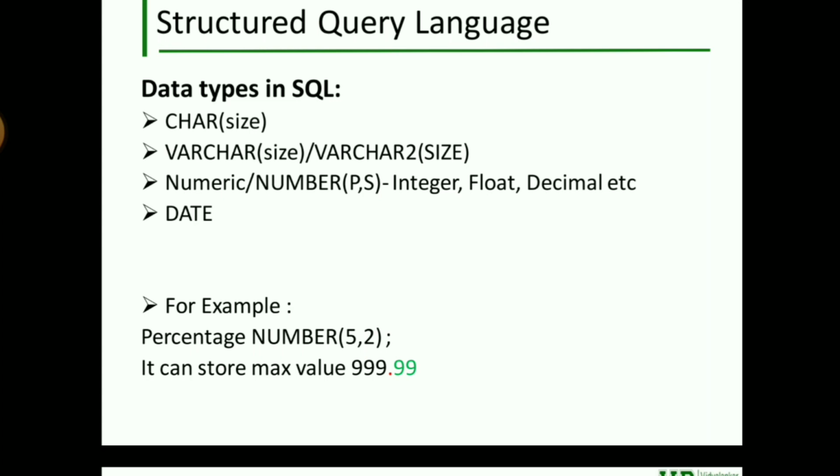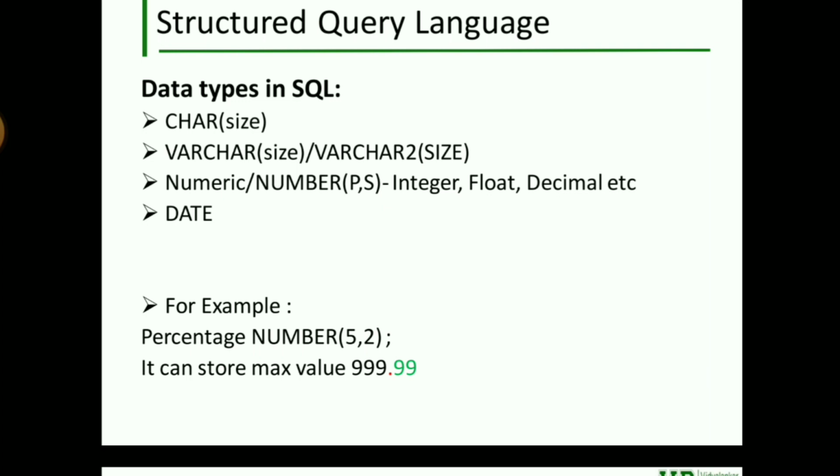Okay, so the data types in SQL are char(size), varchar(size), or varchar2. Varchar2 is used to store more characters. Like varchar's size I think is 4 byte, and varchar2 has more. Okay, numeric or number(p,s). This p comma s means floating.